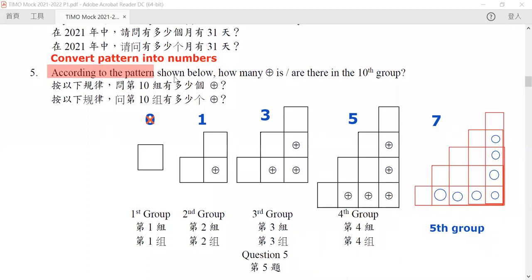So you know that this pattern actually follows, if you convert this pattern into numbers, that you are just simply counting the odd numbers. But why is it not 0? That's why we disregard the first group, because the first group is special. Other than the first group, all other numbers are consecutive odd numbers, not just any odd number, but consecutive.